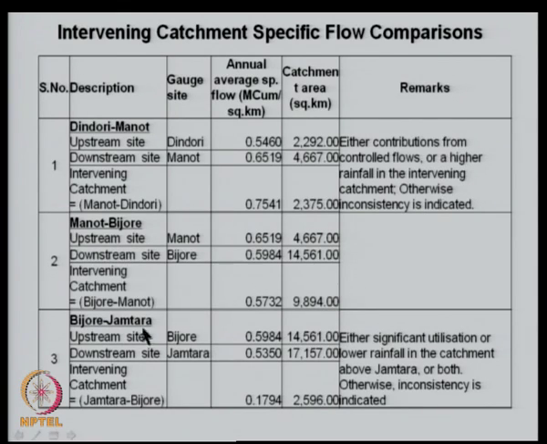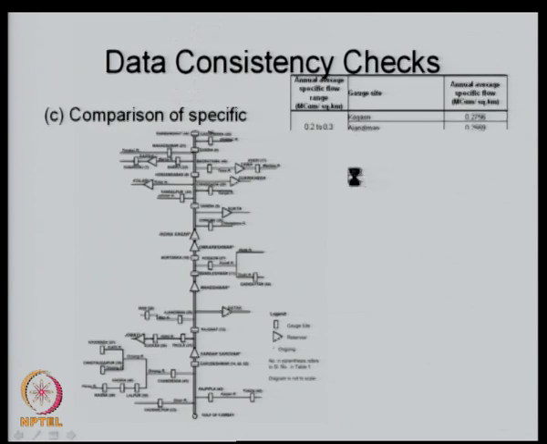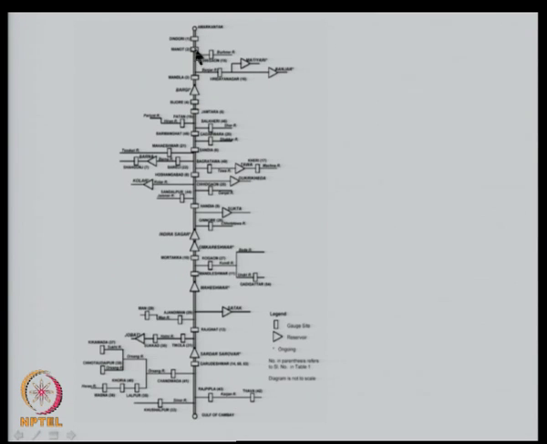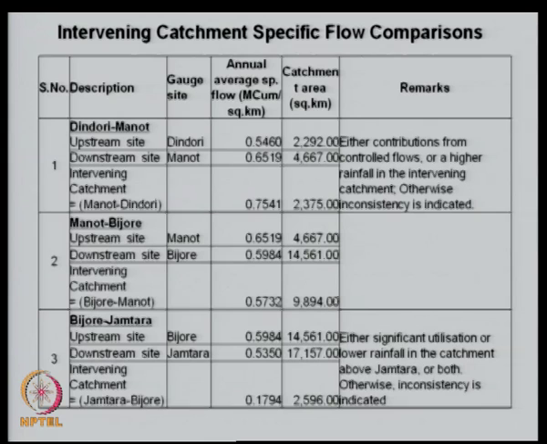Similarly, you look at Bijore and Jamtara. Now, Manat and Bijore, there is a straightforward thing. There is Manat at this location and Bijore is at this location. There is a Bargi reservoir in between. So, if you look at Manat and Bijore, the upstream site is Manat.